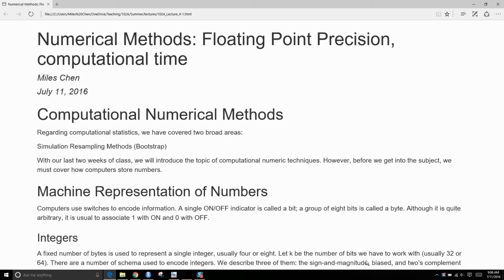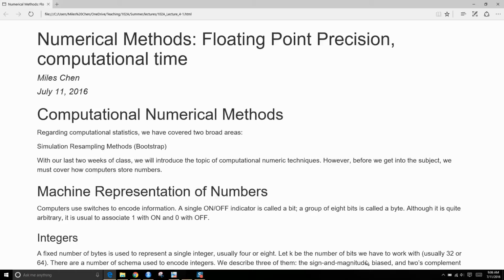Okay. All right. Well, it's the fourth week in our summer session, and so we're going to start to make the transition away from learning things in R to learning computational statistics. At the beginning of the course, I said computational statistics is a broad subject, but a large part of it is using the computer and these computationally intensive methods, or numeric methods, to solve statistical problems.